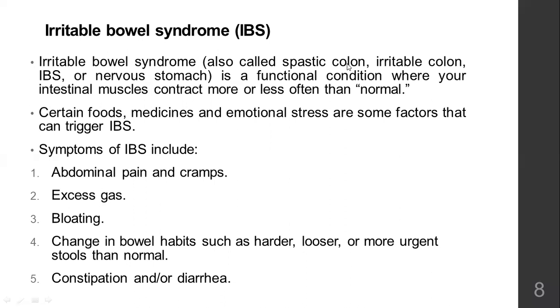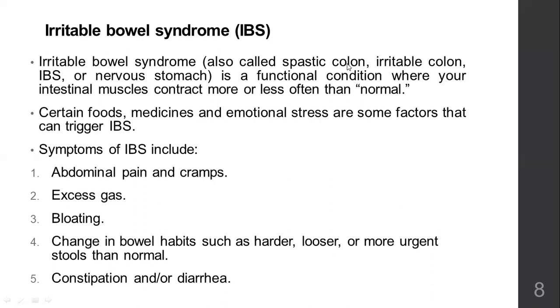Certain foods, medicine and even emotional stress can trigger your IBS. Symptoms include abdominal pain, cramps, excess gas, bloating, and bowel habit changes. It could be too hard feces, too loose feces, or more urgent stools than normal.